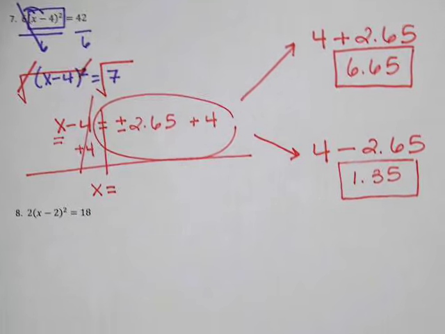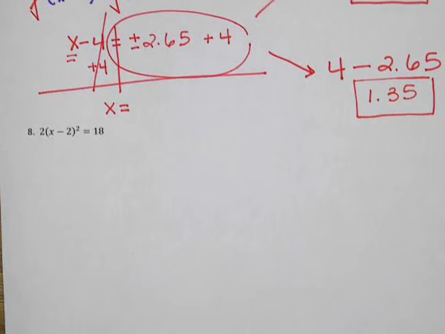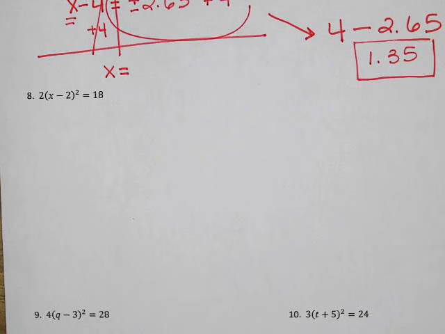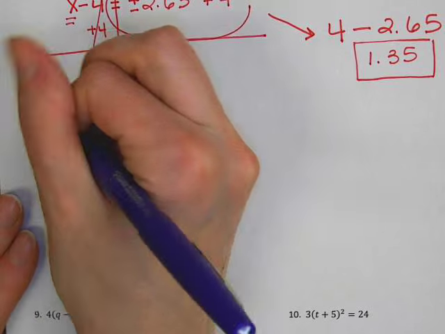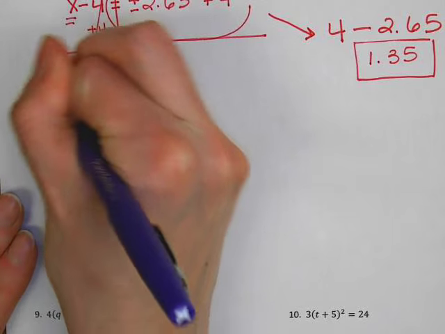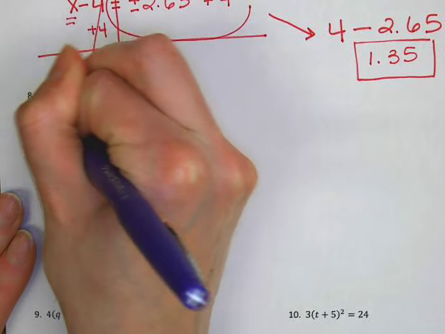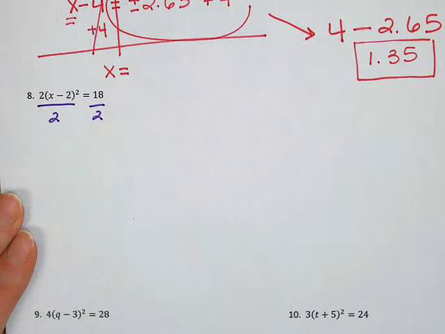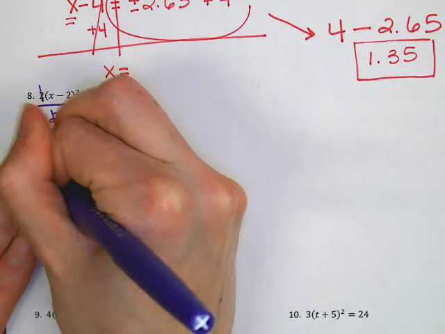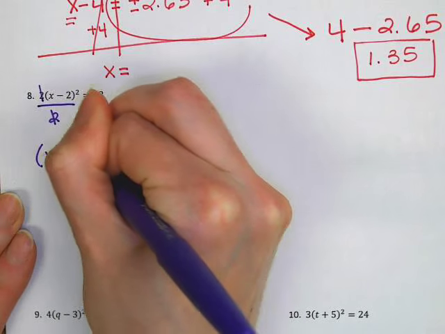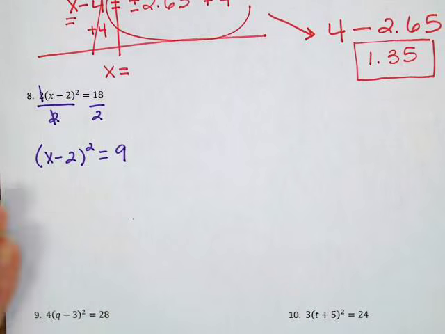Okay, I'm going to keep going and do the rest, but you guys, again, we're probably going to do these another day. Number 8, no distributing into a binomial squared. So we need to divide by 2 first. Okay, they cancel. We're left with x minus 2 squared equals 9.